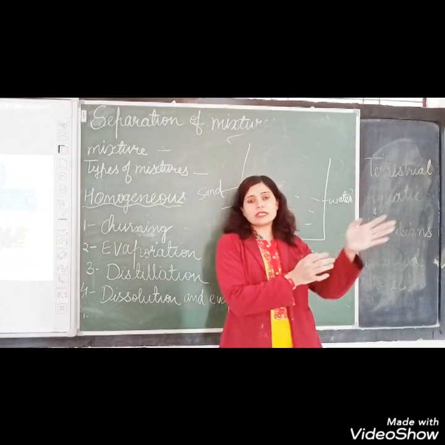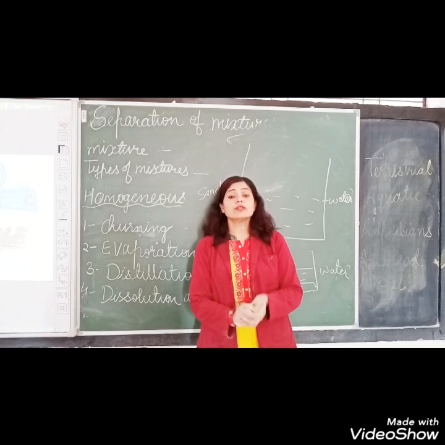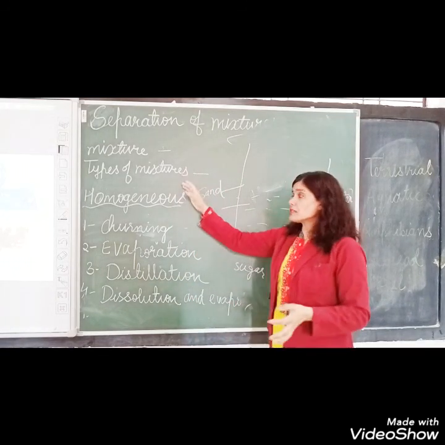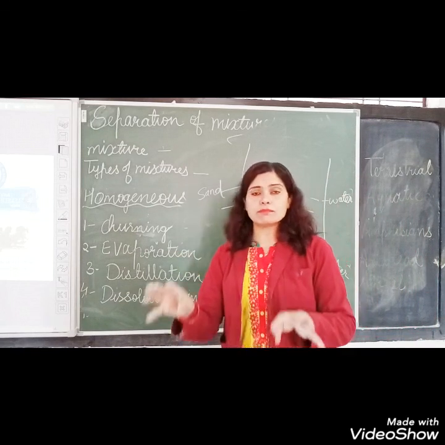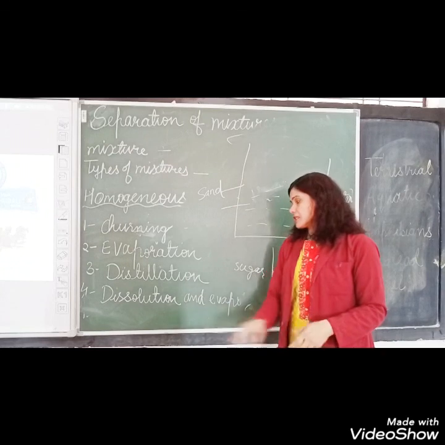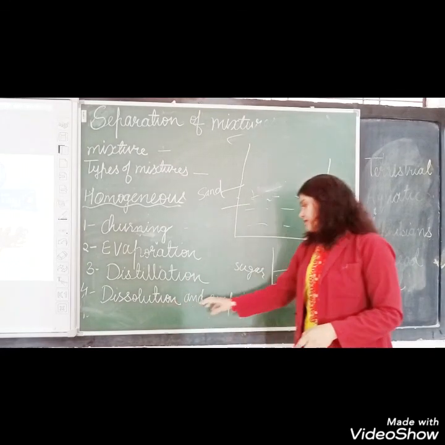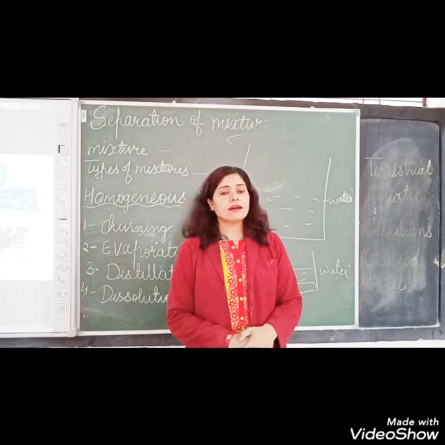One constituent is soluble in water and another is insoluble in water. So these are some methods that we use to separate homogeneous mixtures, that is churning, evaporation, distillation, and distillation and evaporation. Till now, thank you.